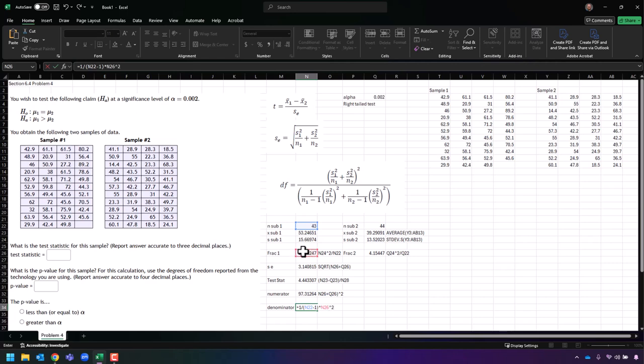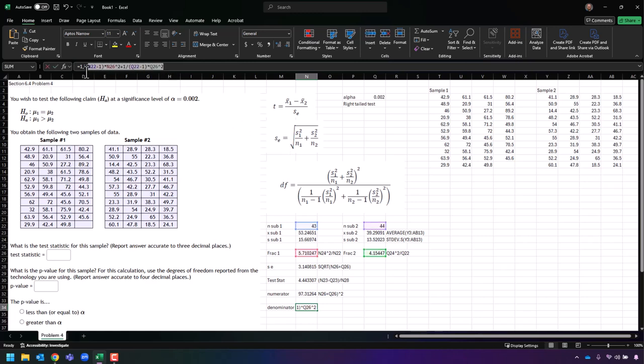So this is the first part. Now I add to that 1 over n sub 2 minus 1 multiplied by that fancy fraction there, and it is also squared.